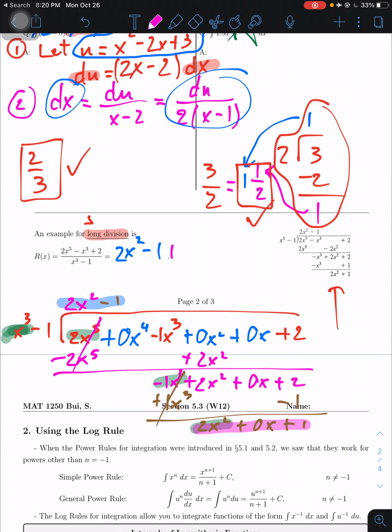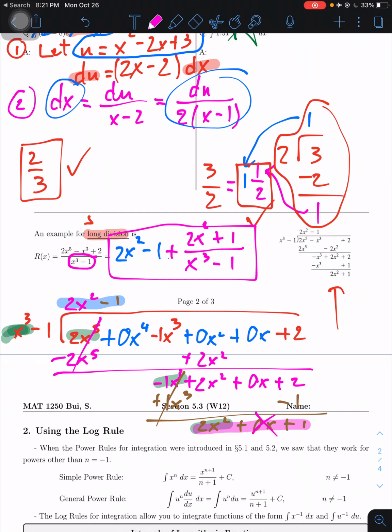Okay, and then this one is plus, and then the remainder in here would be 2x squared plus 0x, which is 0 anyways, so we can throw that away. You don't have to even consider it if you don't want to. And then we have a plus 1, and then all divided by the denominator, which is right here. You can just copy and paste it right here. Then this is it. Okay, this is the final answer for the long division that we're working on.